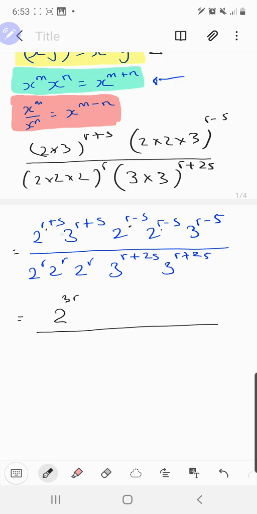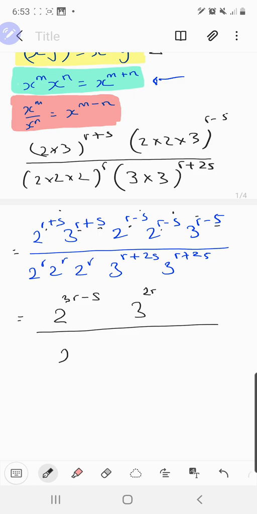And how many s's? We've got an s there, minus s, and minus s. So altogether we have minus 1s, times by 3 to the power, an r here, an r there, so it's 2r. S is, we've got a plus s and minus s, they cancel, so that's the numerator done.